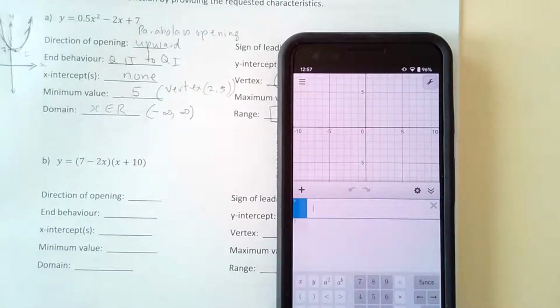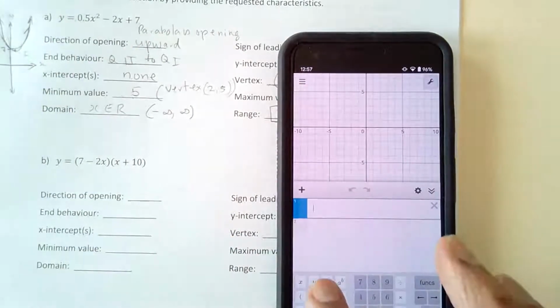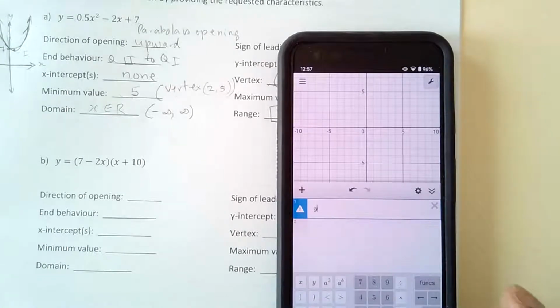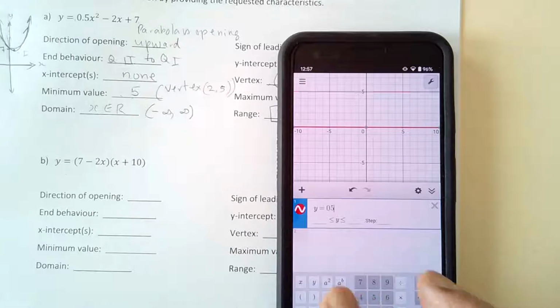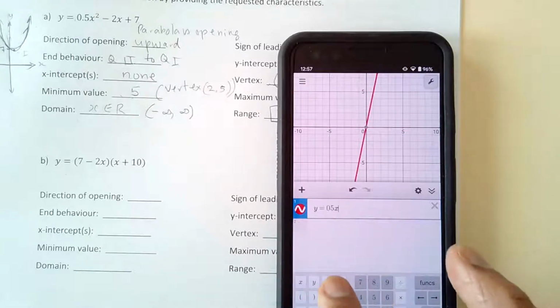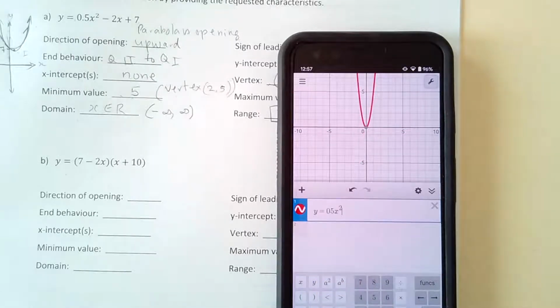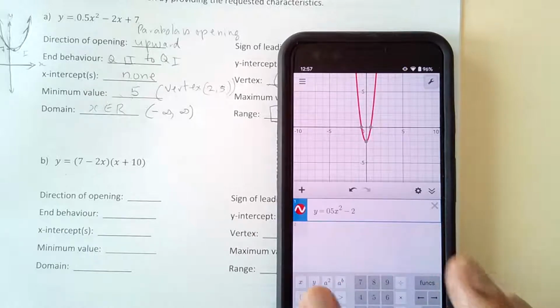So you press your cell button here, and you press y equals 0.5 x squared. Now this is your square root of x, and this is your power 2 button. Then we go to minus 2x plus 7.